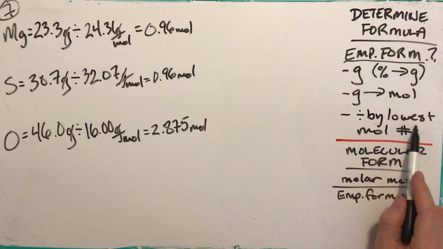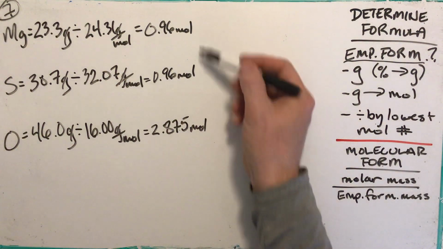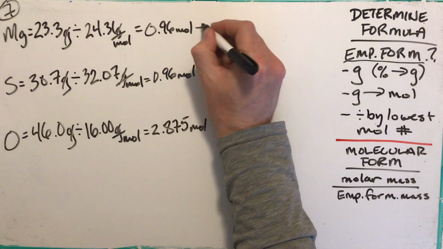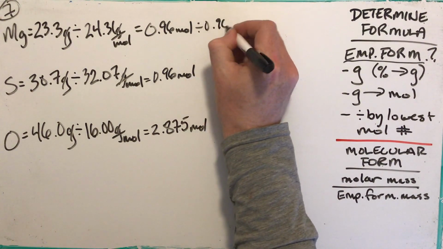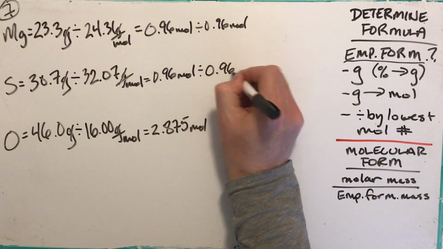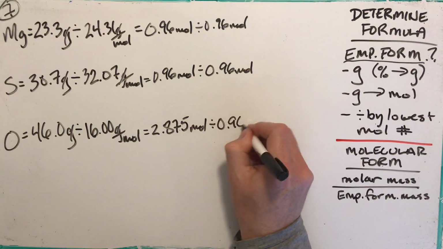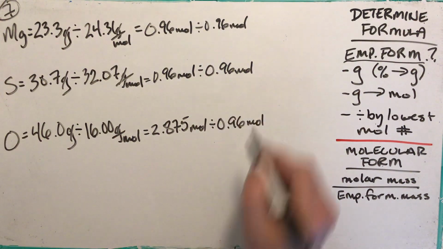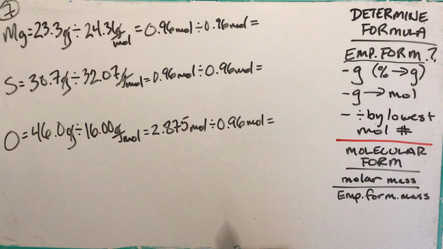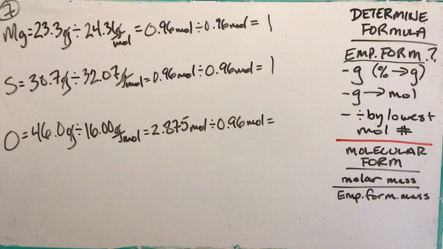Now we have to divide by the lowest mole number. The lowest mole number is 0.96. Two of the three elements have that, so I'm going to divide by that, 0.96 moles. And then equals. I know these two will be 1, because any number divided by itself is 1.